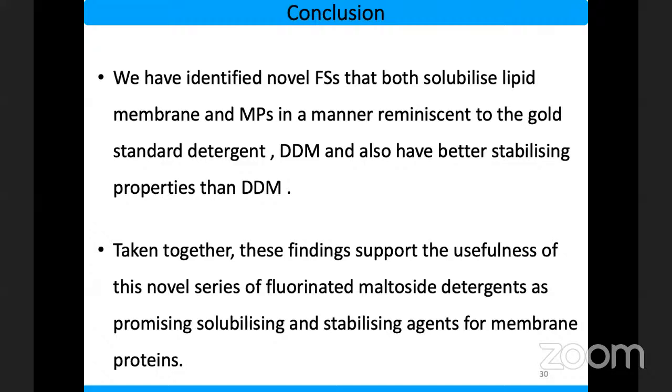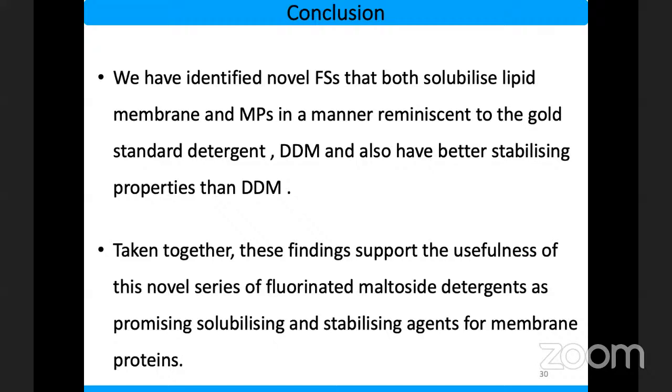Yeah. Okay, then my last question is in terms of the micelle size. Was the micelle size for this new detergent smaller or greater than DDM?